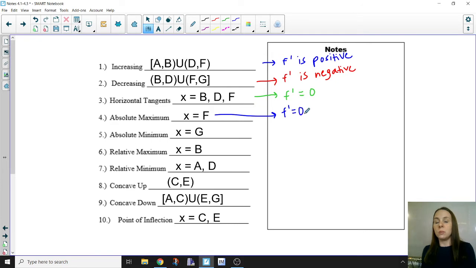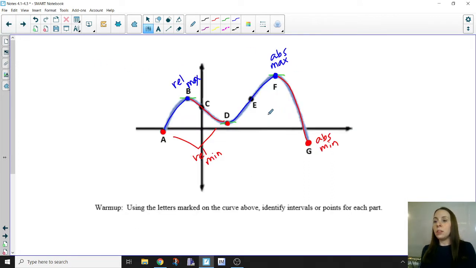And then what happened was that the graph was increasing to that point and then decreasing.